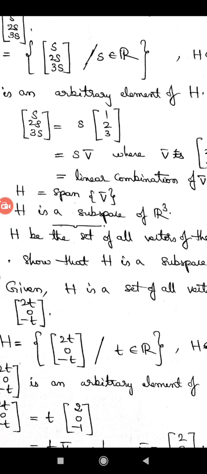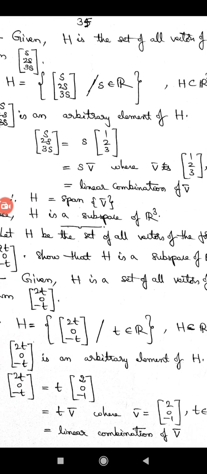So we should now be able to deduce some vector v bar so that H is equal to a scalar multiple of that vector, so that H can be equal to the span of that vector, and by the above theorem again we can conclude that H can be a subspace of R3.